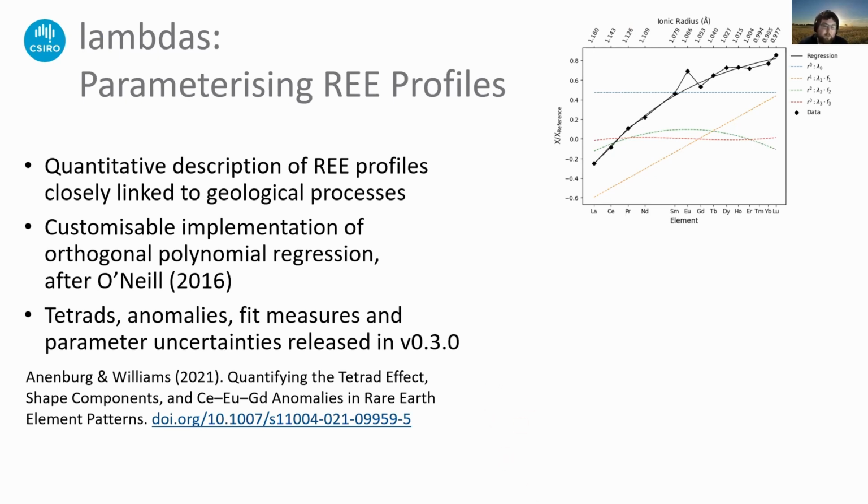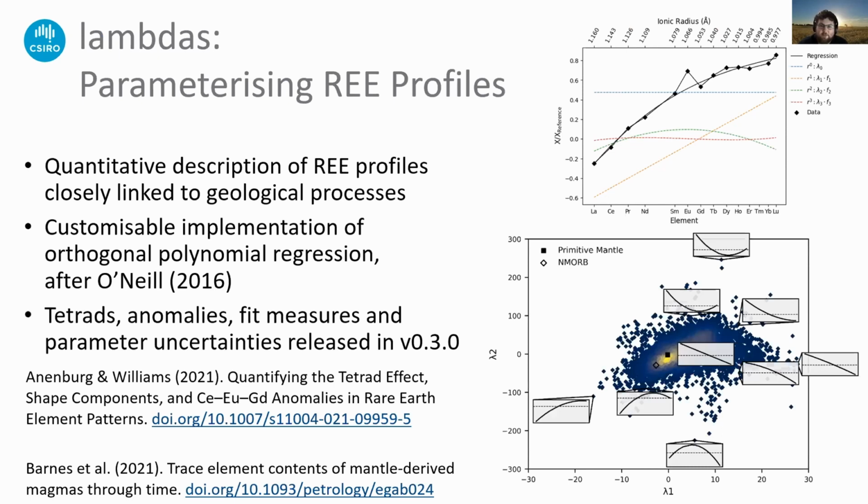And when you start working with large data sets, you can start to do some things like this, which is essentially reproducing a figure from Hugh's 2016 paper, where we have Lambda 1, which relates to the linear slope, and Lambda 2 related to the quadratic curvature in these patterns for a database of mafic and ultramafic lavas in Archean greenstone belts, illustrating the range of rare earth pattern flavors that you see here relative to MORB and primitive mantle.